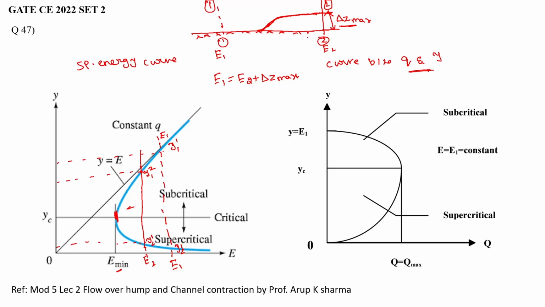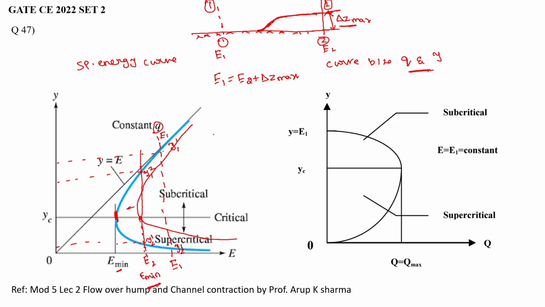If we raise the bed even further, the discharge won't be the same. This is for a constant Q, so the specific energy curve will shift towards the right. This will become E minimum.